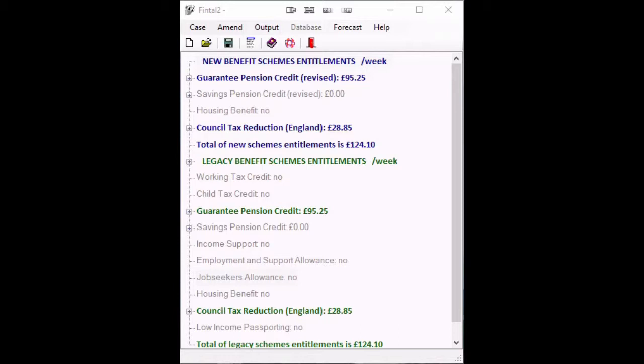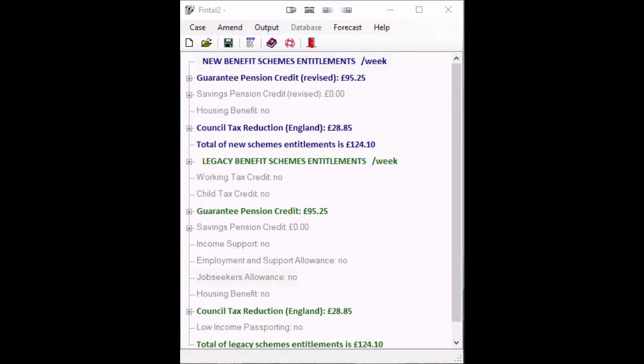You'll see that we've already done the benefit calculation here, and that they're currently entitled to £95.25 a week guarantee pension credit and council tax reduction for an English local authority of £28.85, giving them a total benefit entitlement of £124.10.